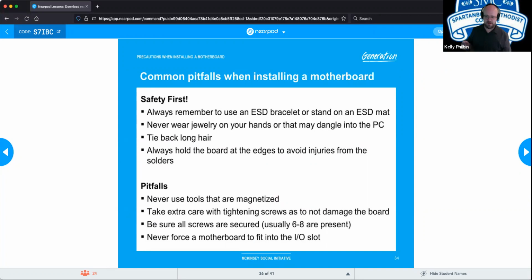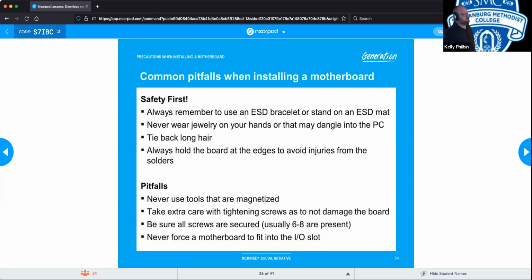There we go, Jimmy, 3K, 3,000 volts, roughly. It's 10,000 before you see it. So if you see a spark, that was 10,000 volts. How much does it take to damage a component in a computer? 100 volts. So it is a big threat and you'll never even know you did it.